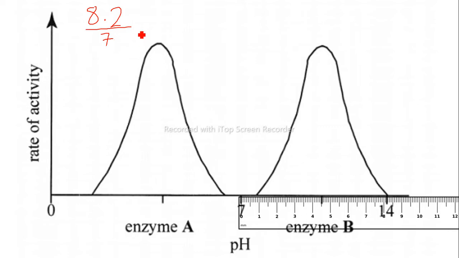And so if I do that, I'll get 1.17. But my ruler doesn't have 1.17. My ruler has 1, 1.2, 1.3. So I have to round it to 1.2. You understand? Nancy, you following?